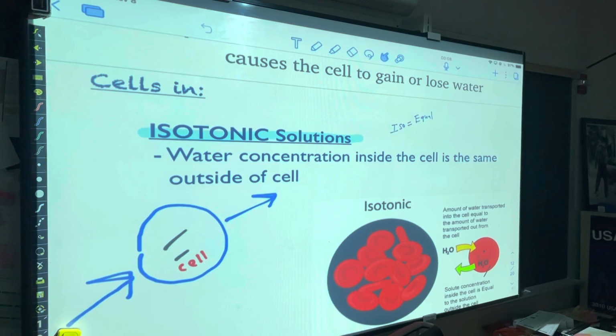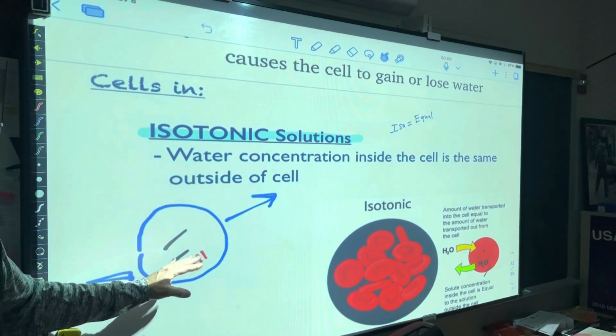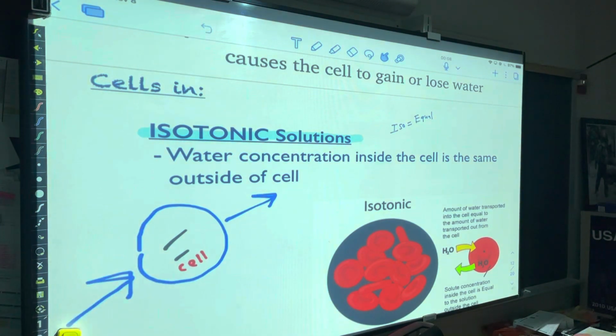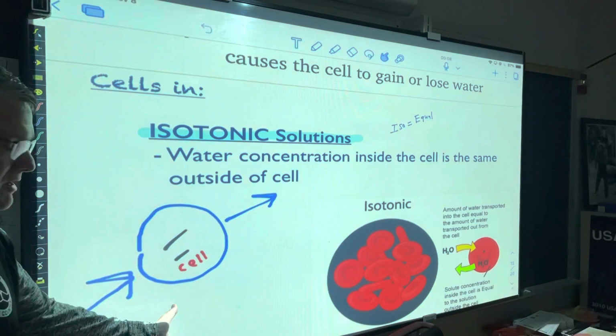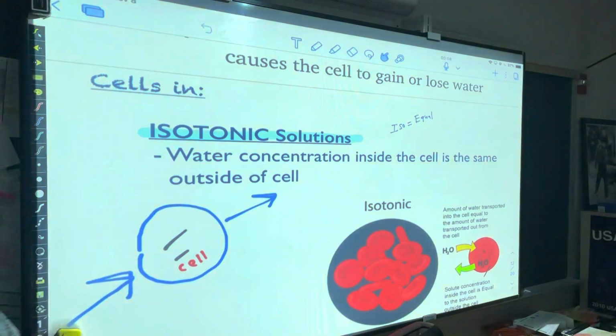An isotonic solution, so we take a blood cell, we drop it in a solution that's isotonic. See the arrows? Perfect. There's how many arrows going in? How many arrows going out? Is that cell going to change its size? No, because the water inside it is equal to the amount of water outside it. You got to remember, diffusion, water likes to move.